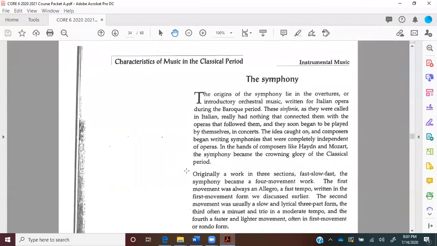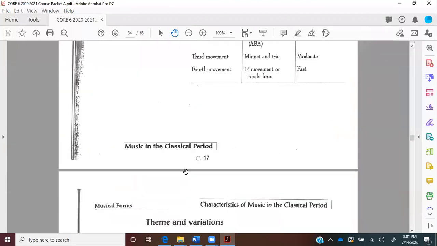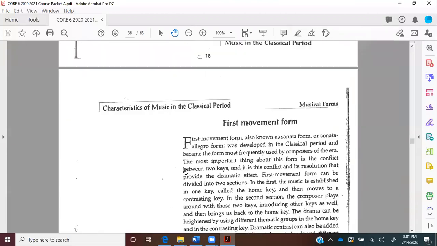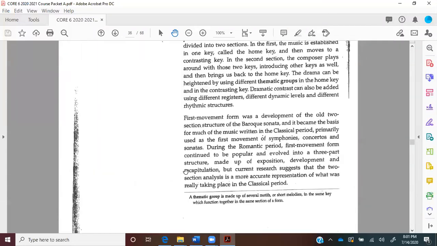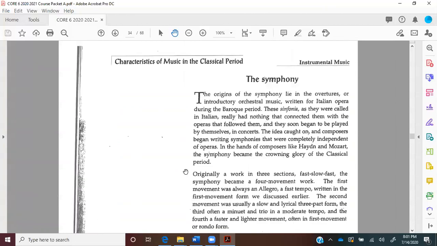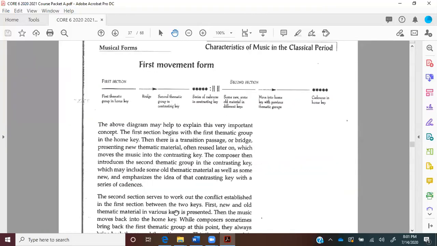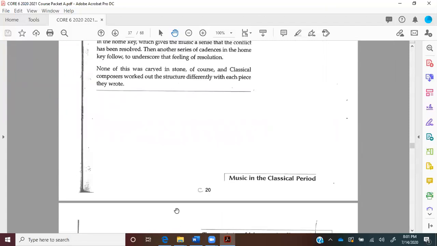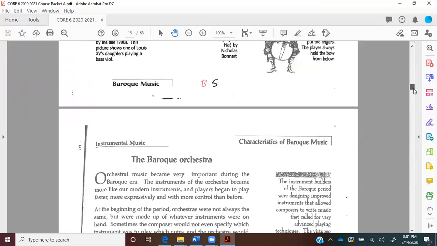Okay, and now we're getting back into the symphony. These things, 17, 18, 19, 20, the explanations of these things occur in last week's videos. So if you have questions about 17 through 20, go ahead and go into last week's videos.